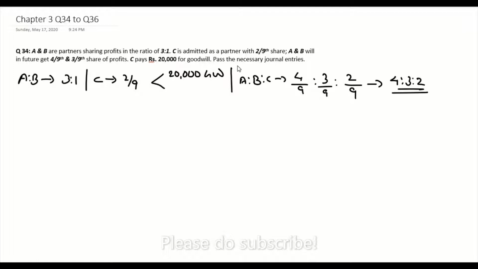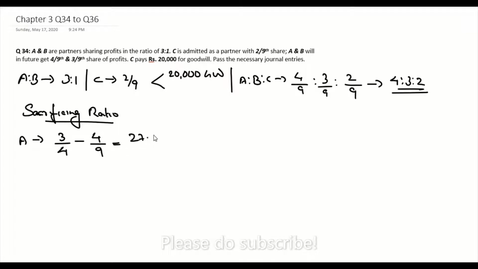Okay, first we need to find the sacrificing ratio of each of these partners. For A, we have his original share, which is 3/4, and his new share, which is 4/9. So 3/4 minus 4/9 is equal to 27 minus 16 over 36, that is equal to 11/36.